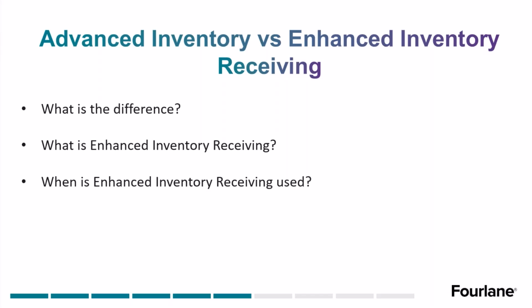What enhanced inventory receiving allows us to do is separate the inventory receiving process from your AP and vendor entries. When we talk about enhanced receiving, normally the way you move through the inventory receiving process is you have a purchase order that gets entered into the QuickBooks system first.